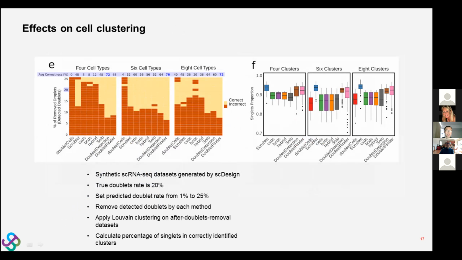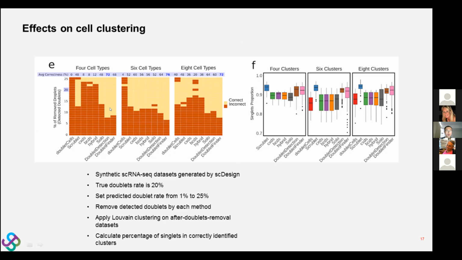In this figure we use simulation to generate 4 cell types, 6 cell types, and 8 cell types, each with 20% doublets, and we let all the different methods remove 1%, 2%, up to 25% of cells as doublets. Then we use Leuven clustering to identify how many clusters we have after removal.